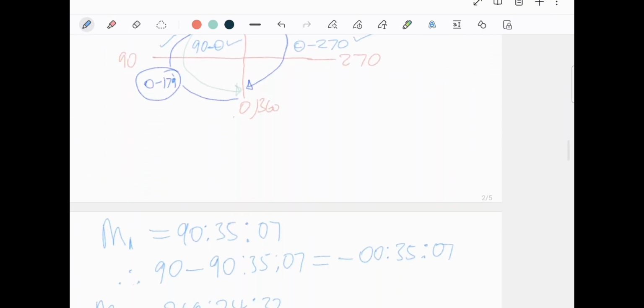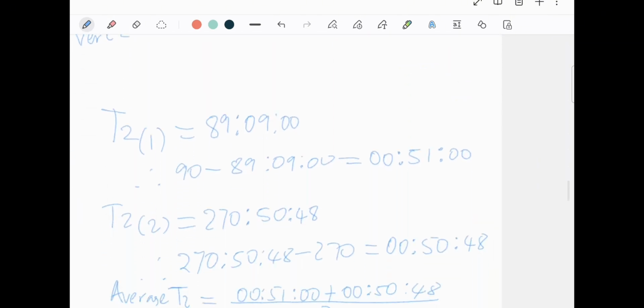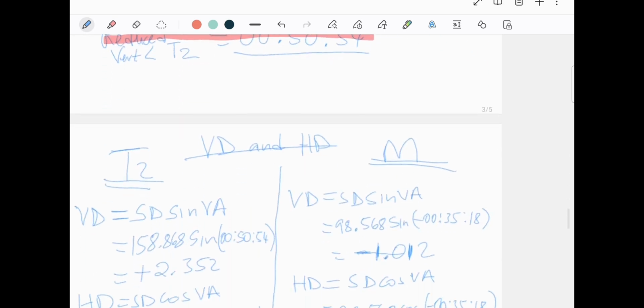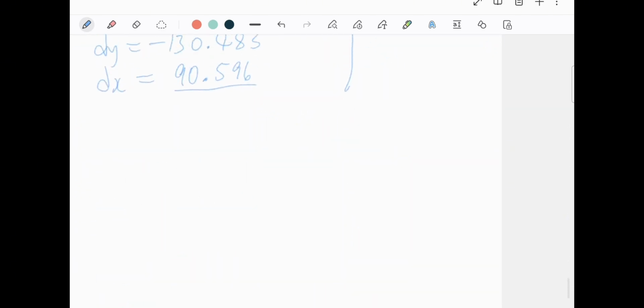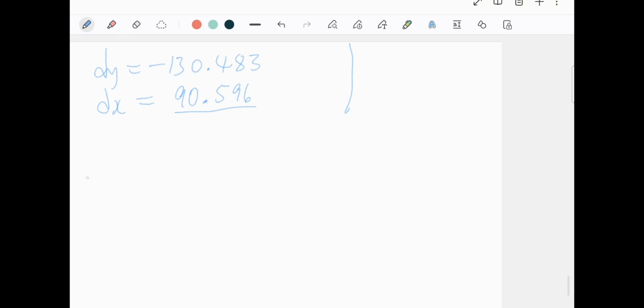You want to know how much we changed in the x direction and the y direction from T1 to T2. So you're finding your coordinates: you're going to have T1 and your changes, and they're supposed to give you your T2. You also have a check.